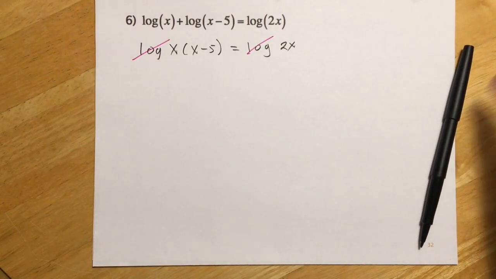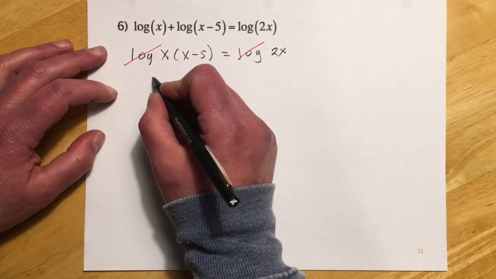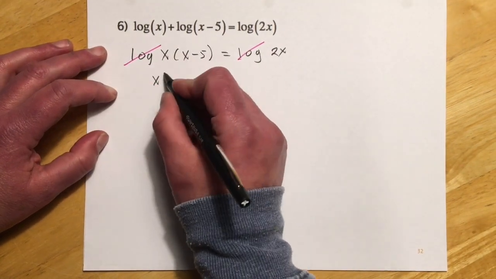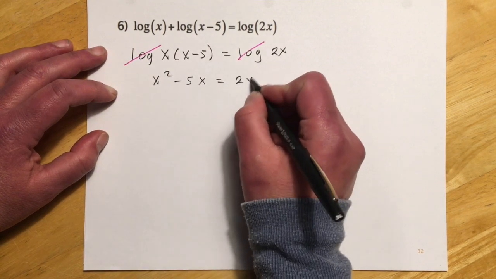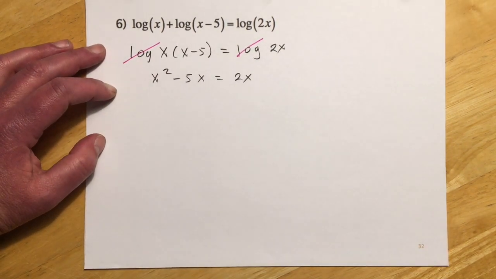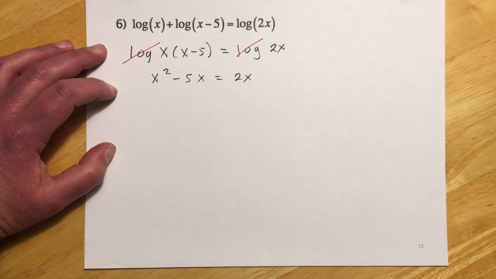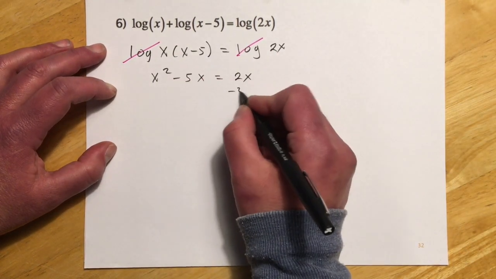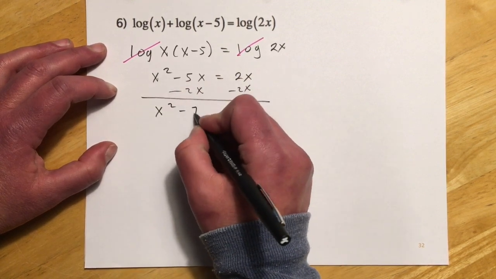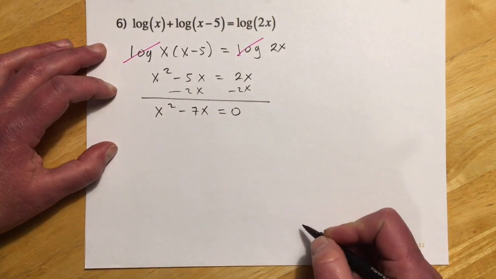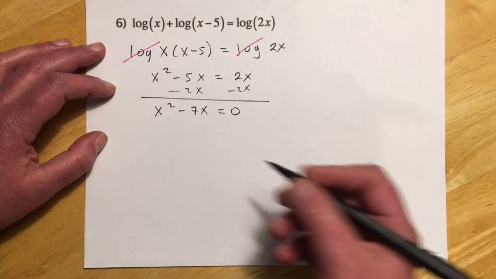And then that lets me solve what's left here. So x squared minus 5x equals 2x. And now that's quadratic, so I want to get everything over to one side. So I'll subtract the 2x. x squared minus 7x equals 0. And then from there I can factor and solve.